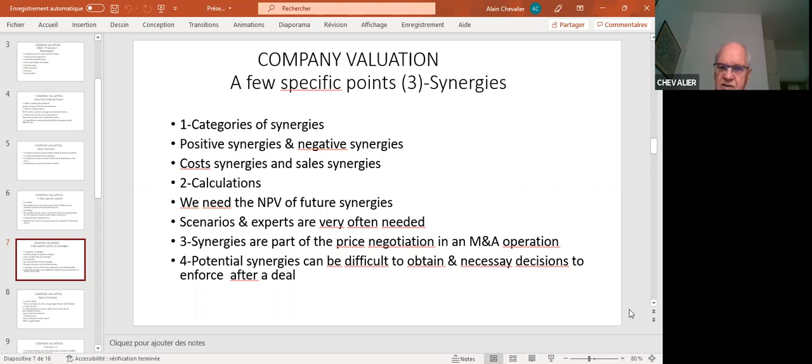When you get, for each category of synergy, the impact in terms of reduction of costs, sometimes increase in costs, sales synergies, positive and negative, you are able to make the calculation. You get the cash flow for each period in the future, and you calculate the net present value of the future synergies using a discount rate, which is the new WACC. It means the WACC of the new company resulting from the merger of company A and company B.